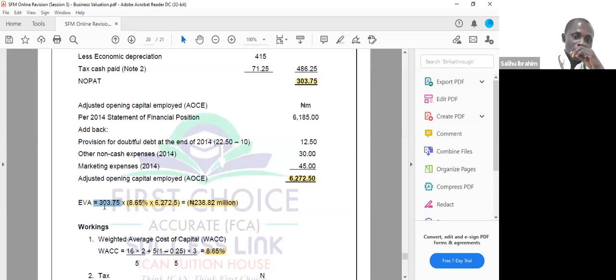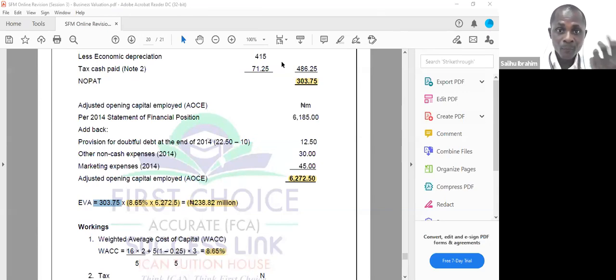You make 542 million, so it is not good, because you spent more than what you got in return. So EVA will be a good position if your figure is positive. But if your EVA is negative, then it means the shareholders' value will reduce.